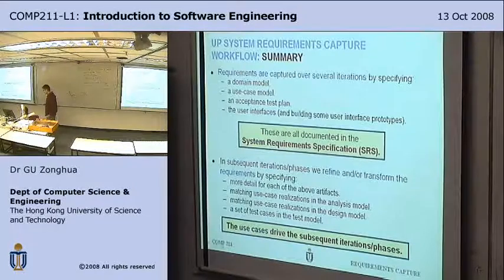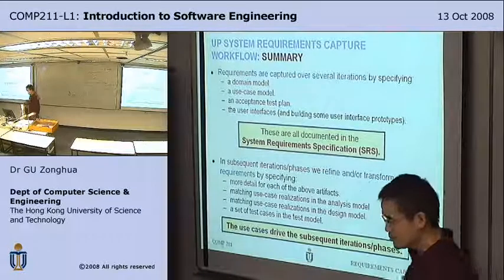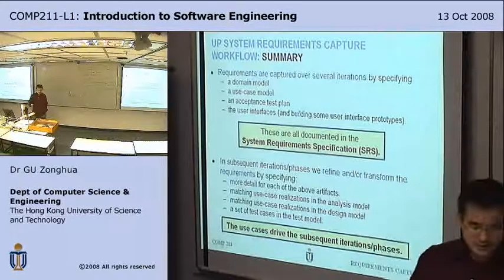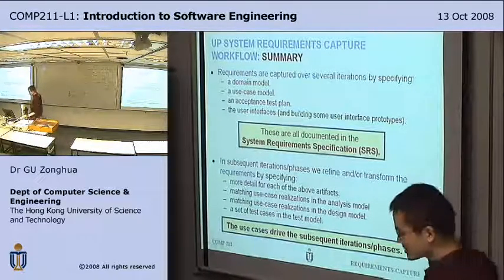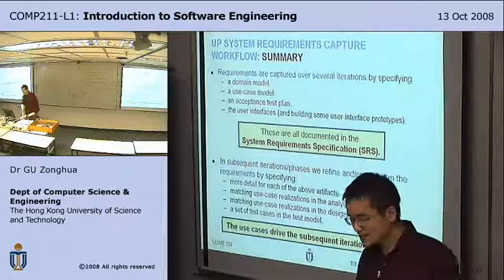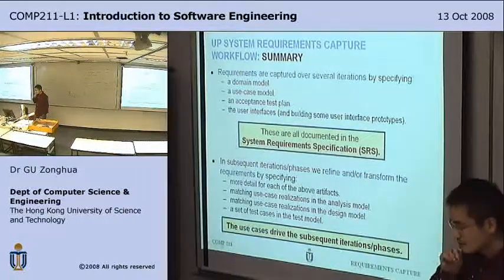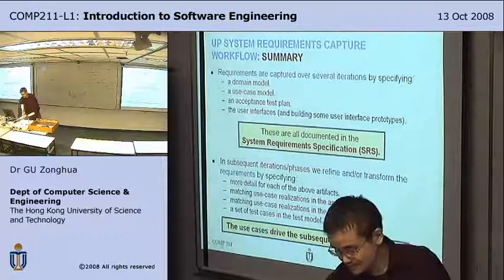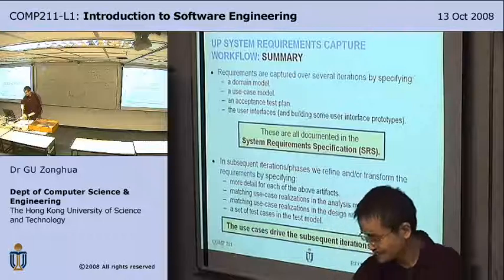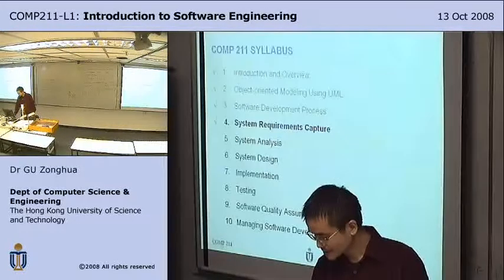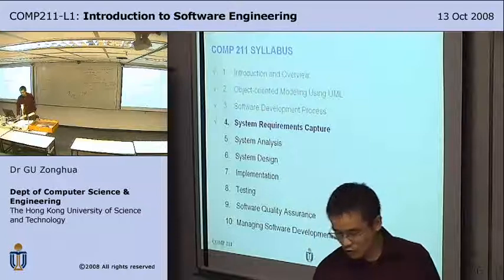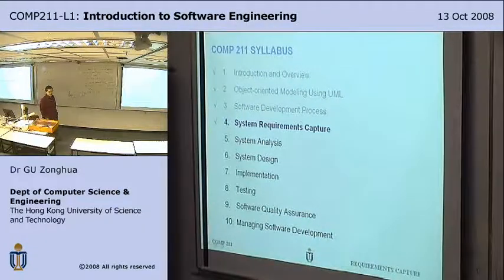That is, when you design the analysis model or design model, you must ask yourself, which use case is this for? You must be able to trace every single thing you do back into a use case. So it's called traceability. So that's the end of requirements. Any questions?